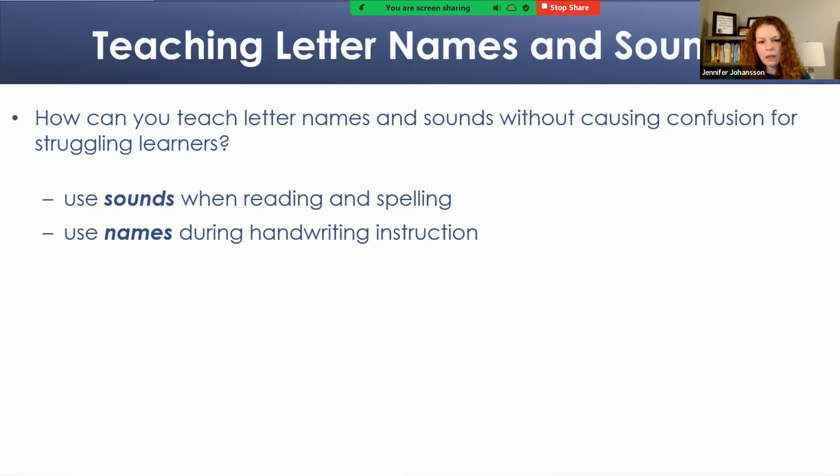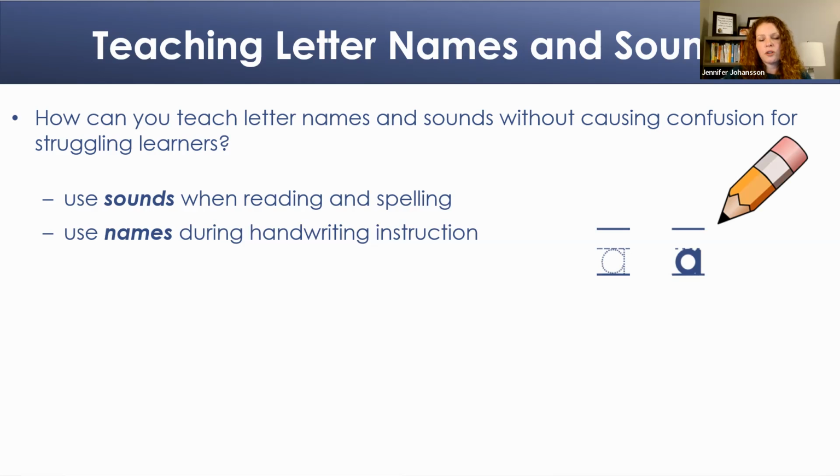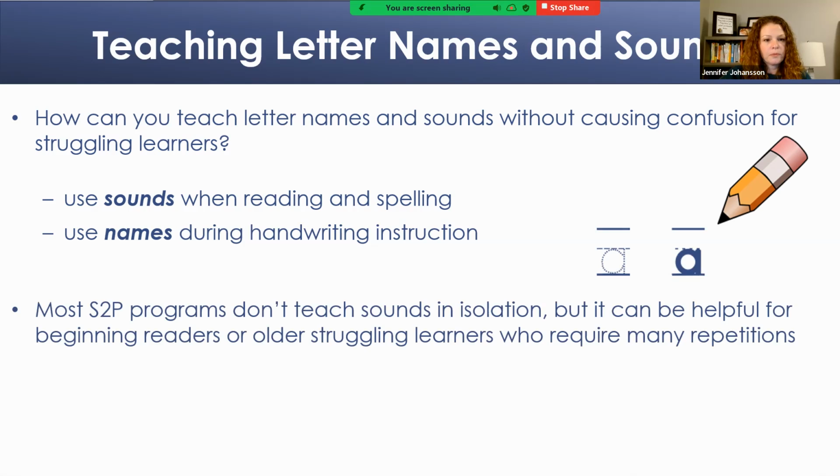But when you're working with beginning readers, try to avoid using the letter names. However, we need to teach the letter names. So one idea is when you're doing your handwriting instruction, that could be a good time to review the names. That way it gives a little bit of separation and might support your struggling learners.